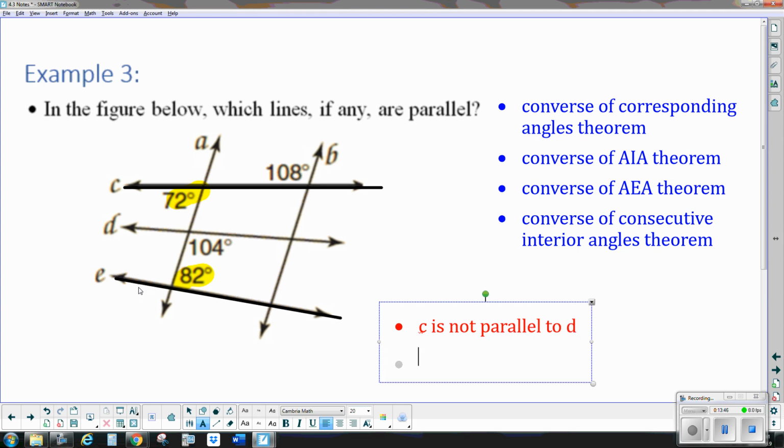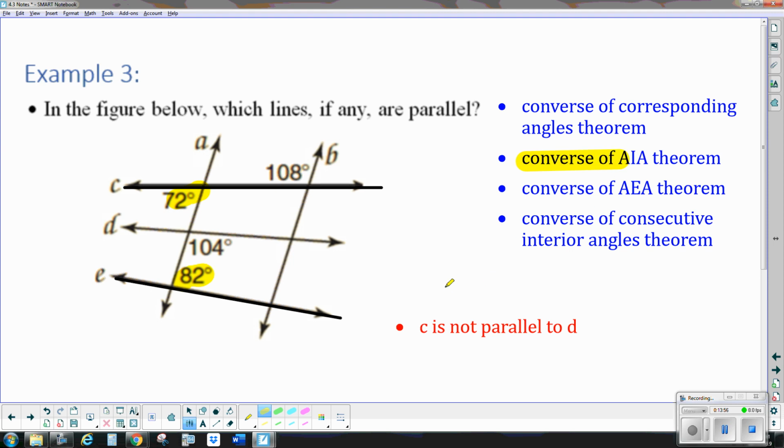Okay, let's look at another one. Let's look at the converse of the consecutive interior angles theorem. This 82-degree angle and this 104-degree angle, those are consecutive interior angles, here and here.